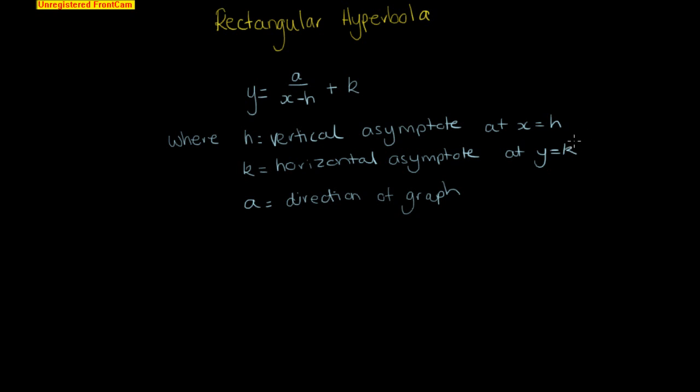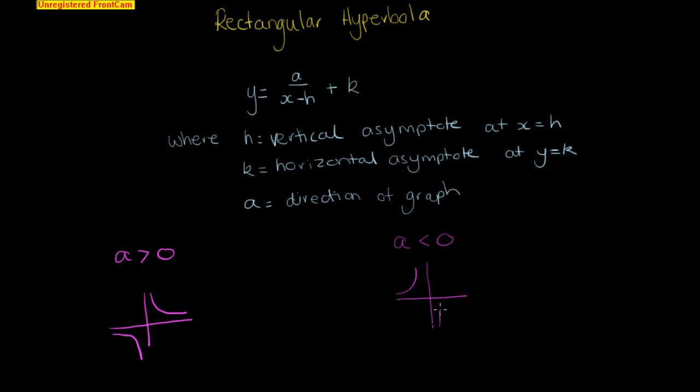Now the direction of the graph is determined by a. If a is greater than 0, then your graph will be this way. If a is less than 0, then your graph will be this way.